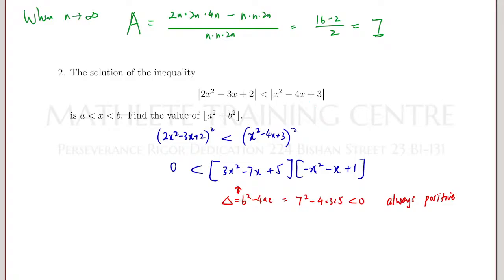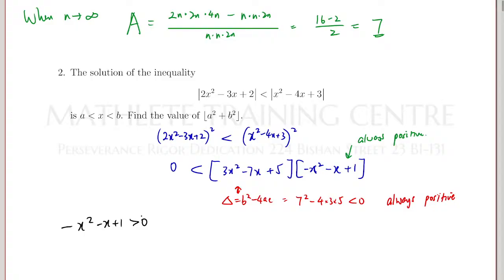So we don't have to deal with the first guy. The first guy is always going to be positive, so we just need to deal with the second guy. It tells you that the second guy is always positive as well. So that means the resulting answer is actually just the solution of this.